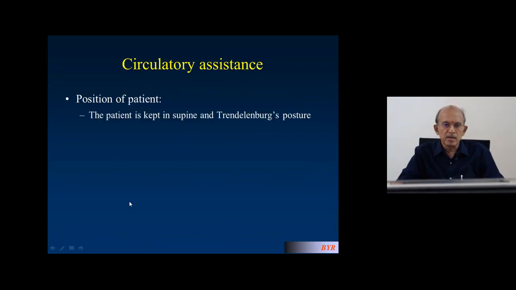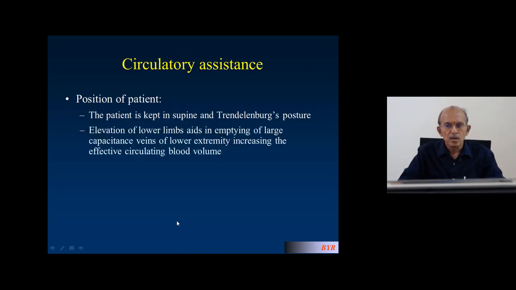The position of the patient is kept supine and in Trendelenburg's posture. Elevation of the lower limb aids in emptying of the large capacitance veins of the lower extremity, increasing the effective circulating blood volume. This will save lives in many patients.